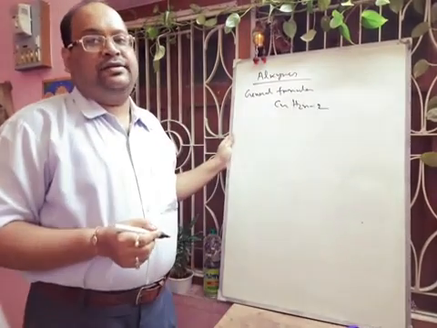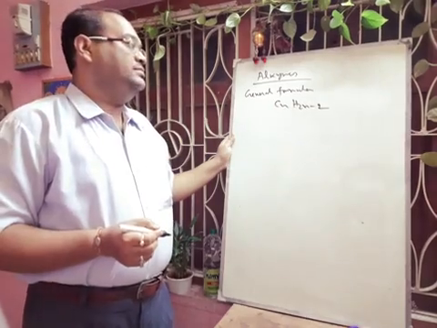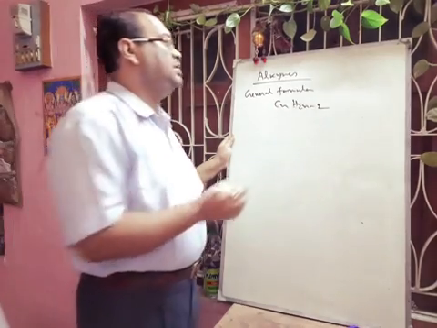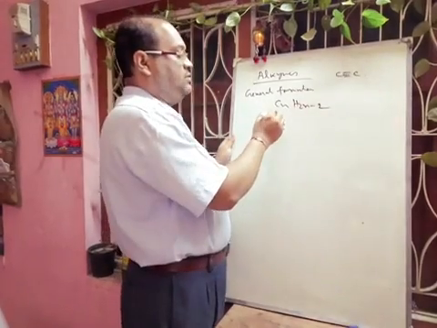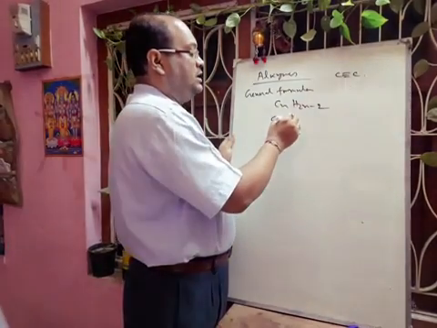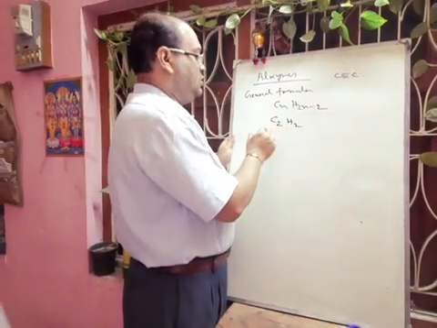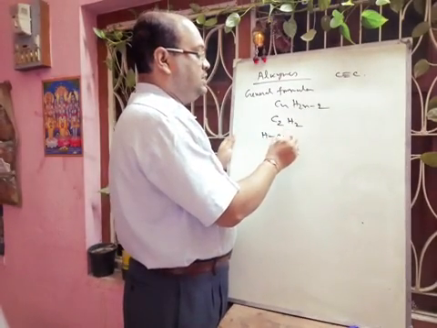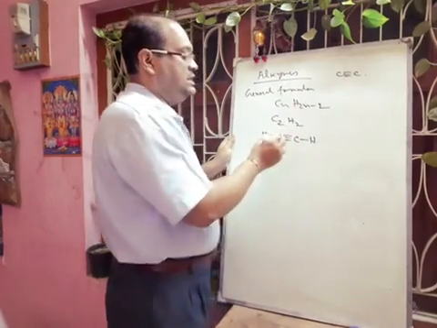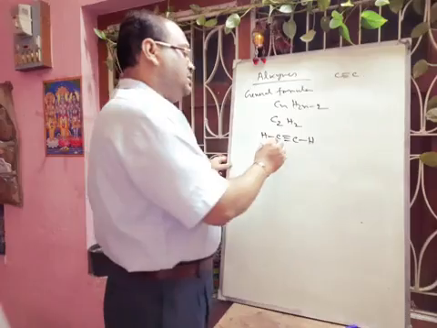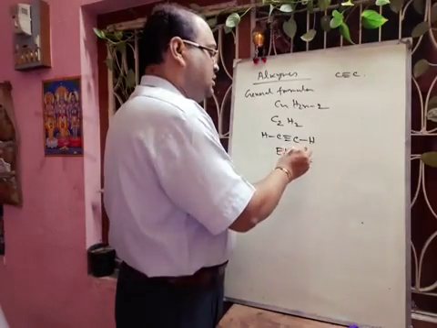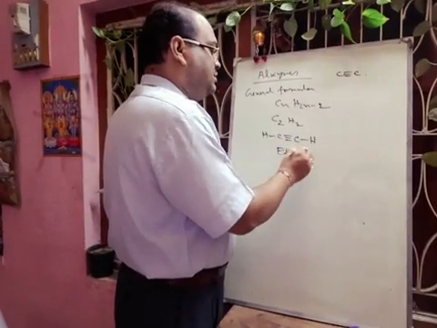Okay, and here for formation of a carbon-carbon triple bond, that means alkyne means triple bond is there, minimum 2 carbon atoms are required. So here you have to put n equal to 2. If you put that, we will get H equal to 2. So the simplest and the first member of this alkyne series is this compound. Its IUPAC name is ethyne and its common name is acetylene.